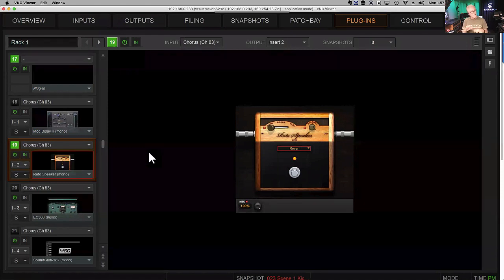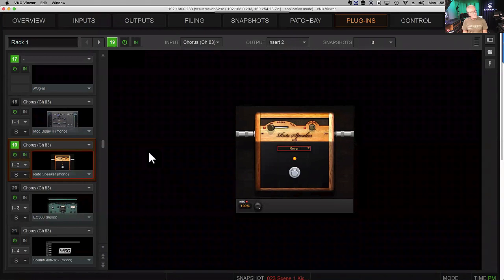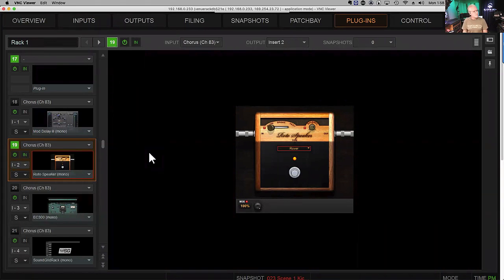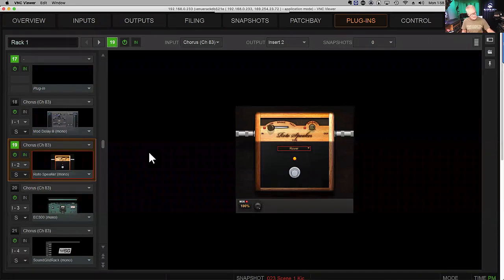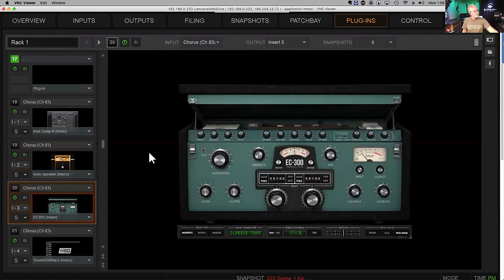That would be great on things like keyboard pads, to really sparkle them up a little bit, right? But again, this is an emulation of a guitar pedal, or actually a Leslie pedal, it looks like, that we're using there. Let's go on to, let's get this guy in there.